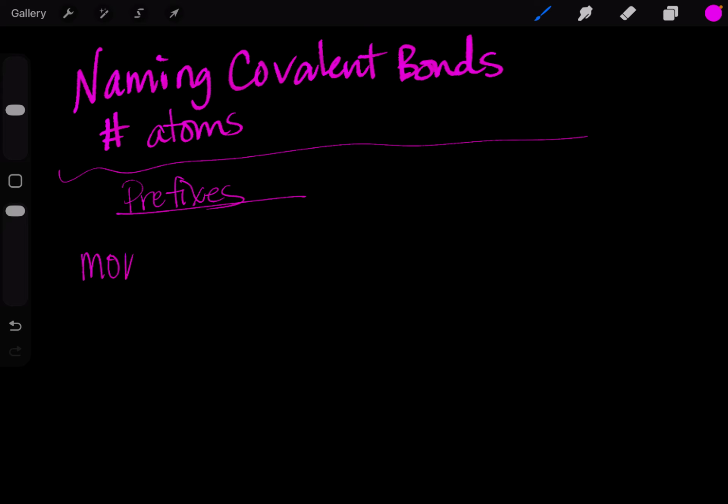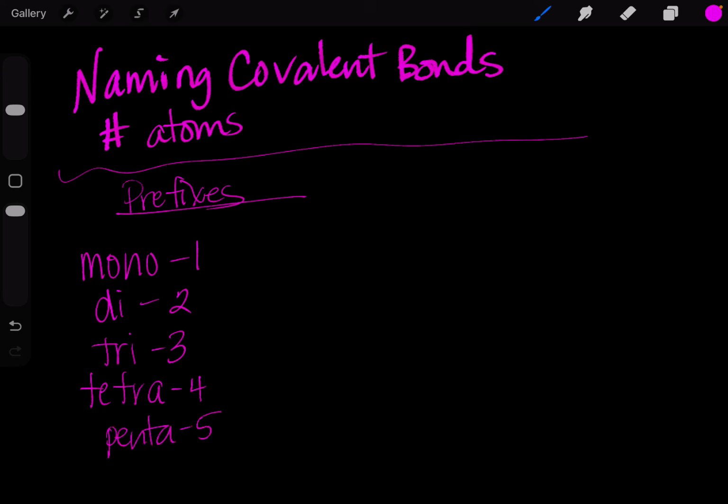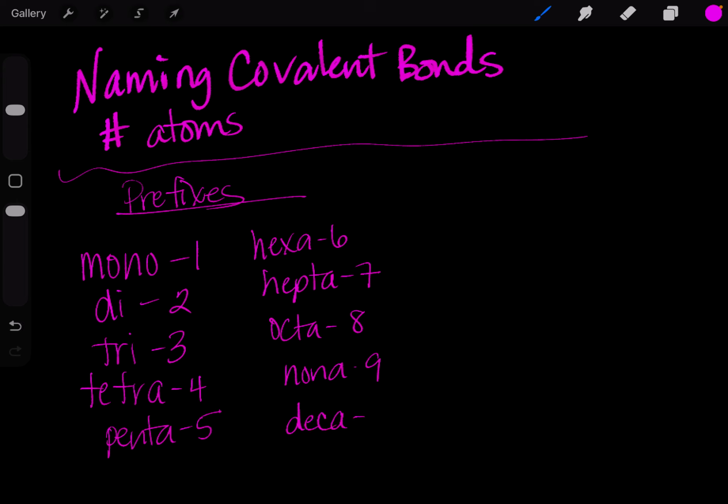So the prefixes: mono means 1, di means 2, tri means 3, tetra means 4, penta means 5, hexa is 6, hepta is 7, octa 8, nona 9, and deca 10.